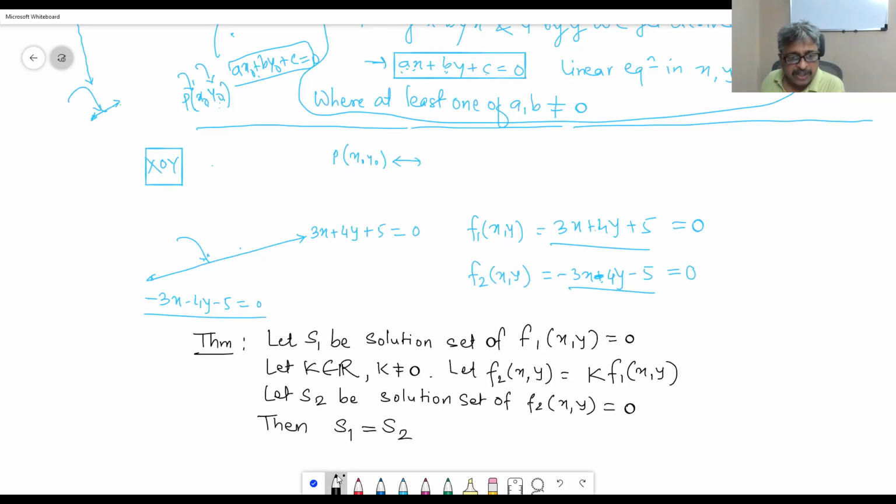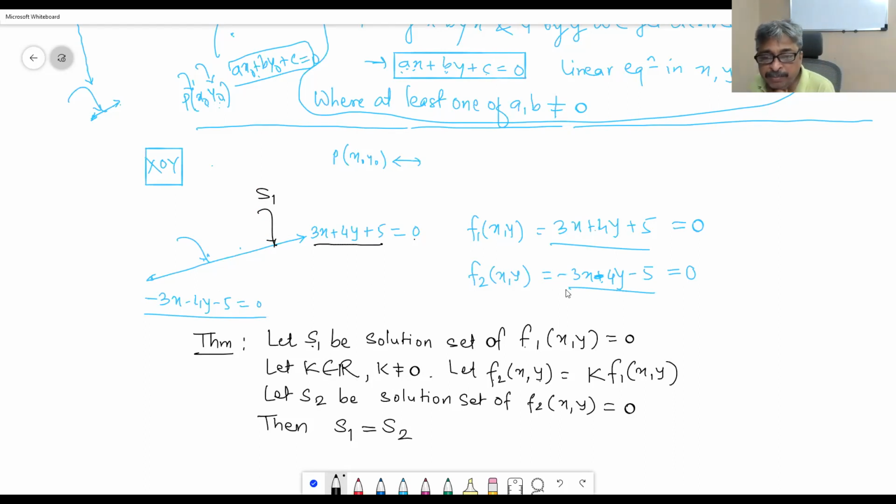It is very simple. Just understand. S1 is a set of points that is a solution of f1 of x comma y. We can always take an example and check. f1 of x comma y is this expression, and it is equal to 0. S1 is the solution set, so I can call this straight line S1, the solution set of f1 of x comma y. I multiply by a non-zero constant k, a real number which is not equal to 0, and I get another function f2 of x comma y.